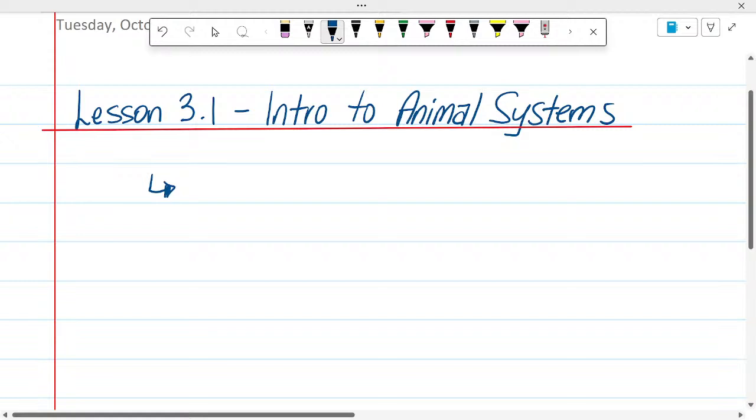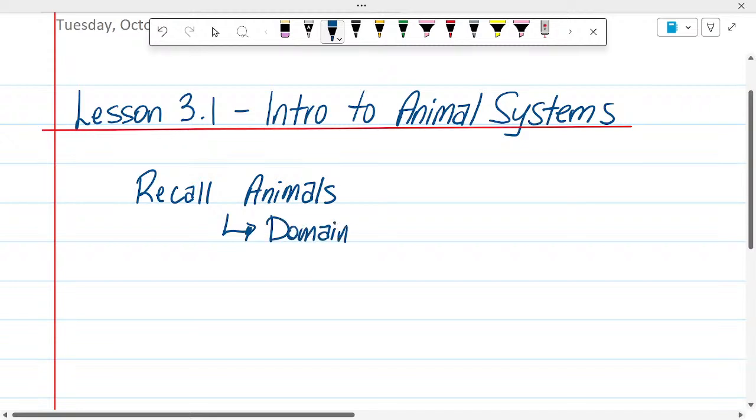So, with animals, we belong to which domain? We belong to Eukaryota, which means what? Complex. Yeah, so they can be multicellular. Animals are multicellular, absolutely. So we belong to domain Eukaryota.